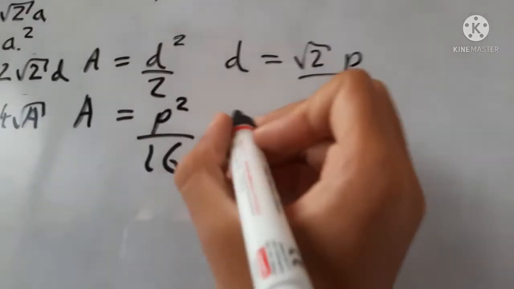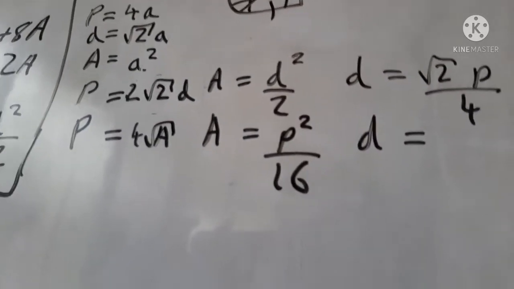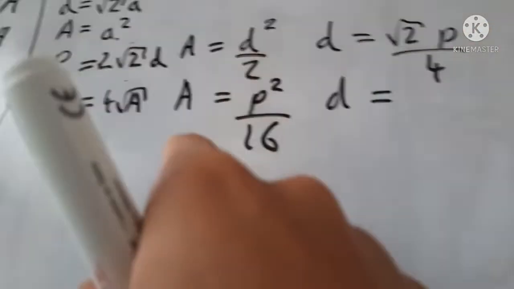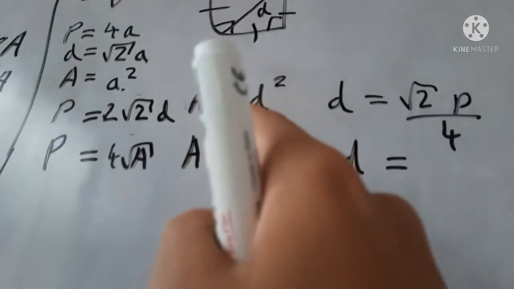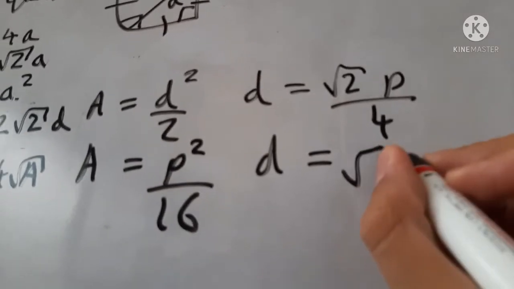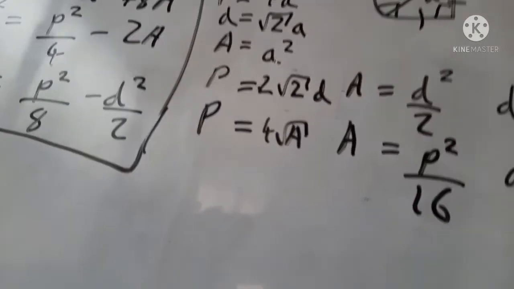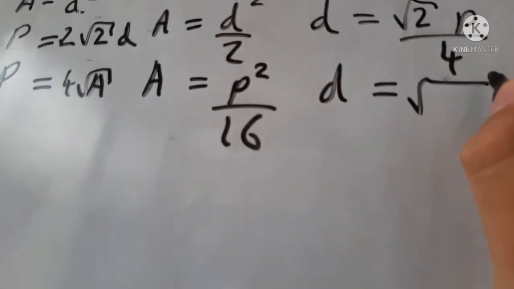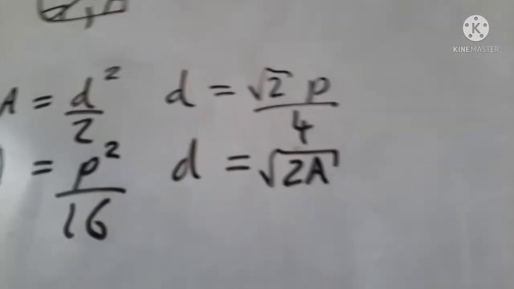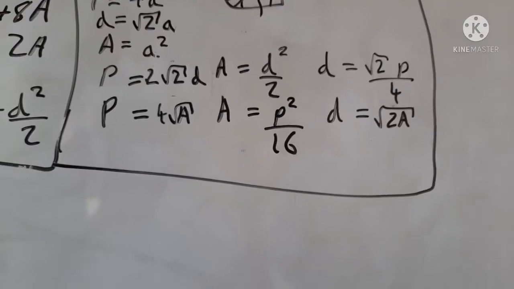And d in terms of a is the square root of 2a, I guess that makes sense. Done and dusted.